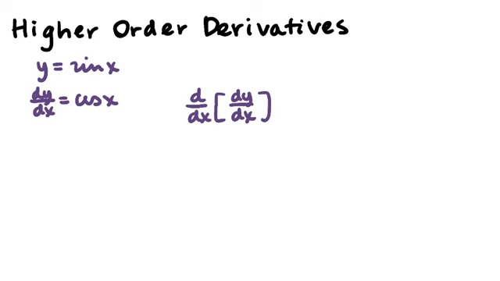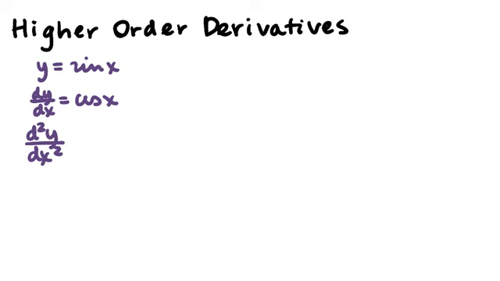Okay, and that's the reason why we use the notation, the second derivative of y with respect to x both times. We put the second power between the d and the y, but after the x. Okay, is because of that. And that's going to be negative sine of x.